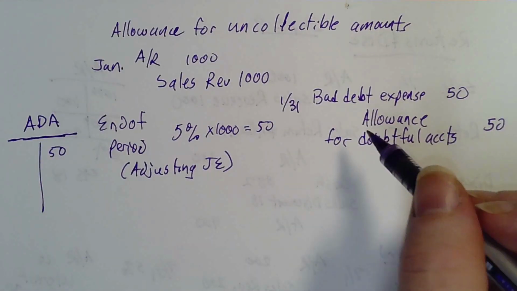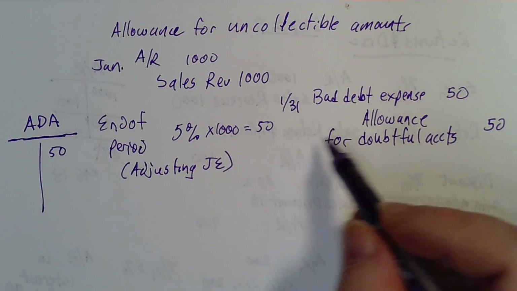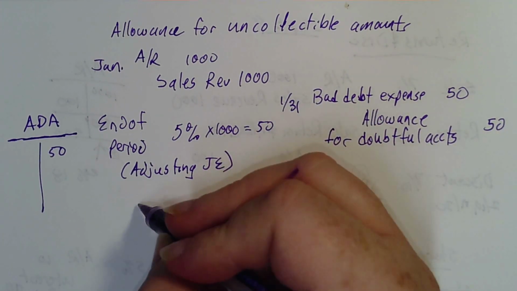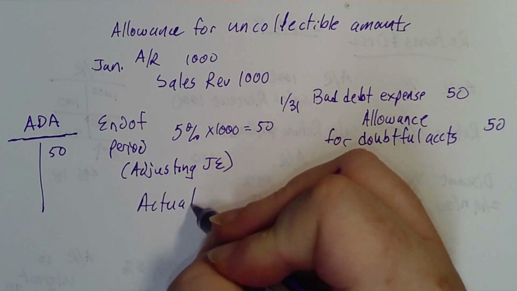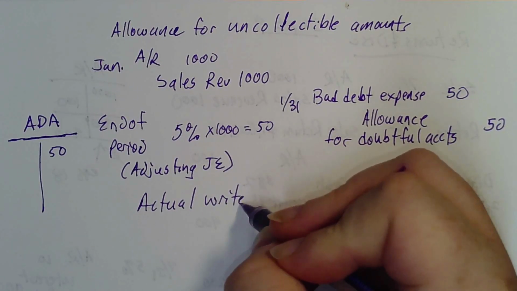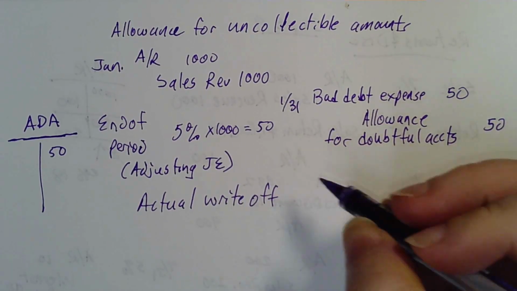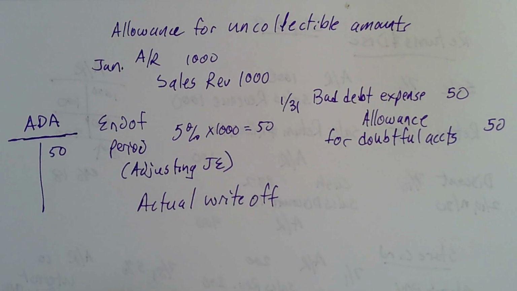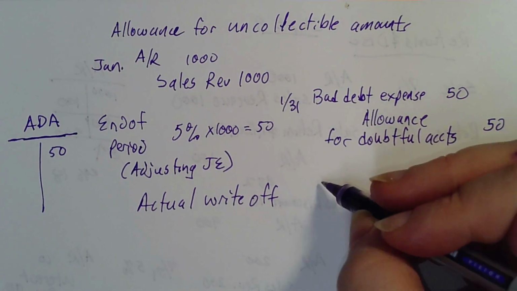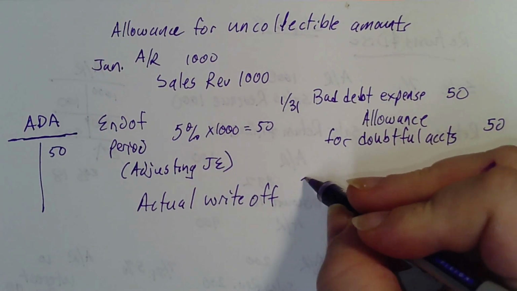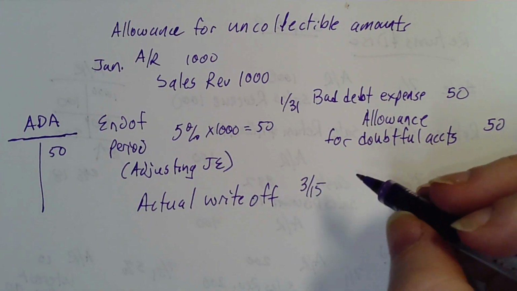So we have two different types of entries. We have the estimate at the end of the month, and then we have the actual write-off when they occur. And they could occur at any time after January. So let's say this happens March 15th, a month and a half later.